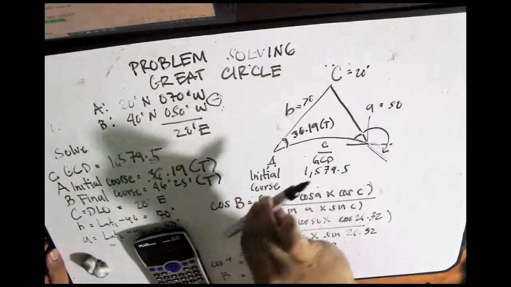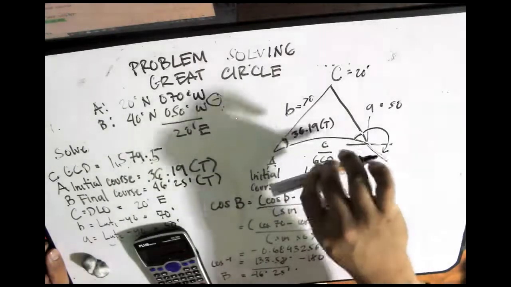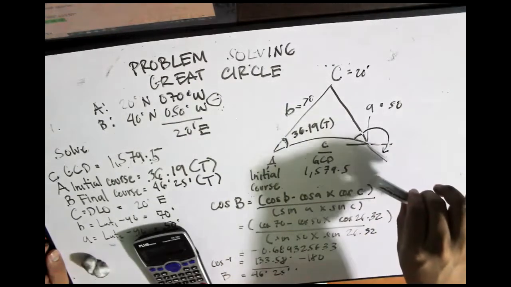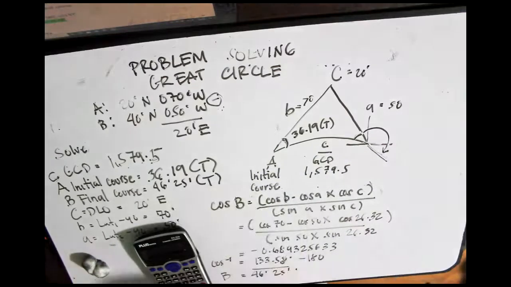Okay, so we already know the initial course, then final course. Okay, so these are the procedures on how to take for great circle distance.